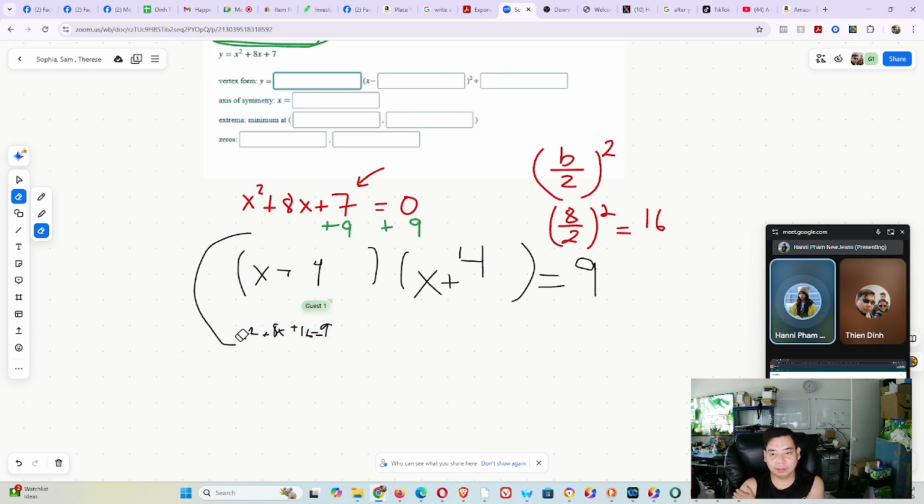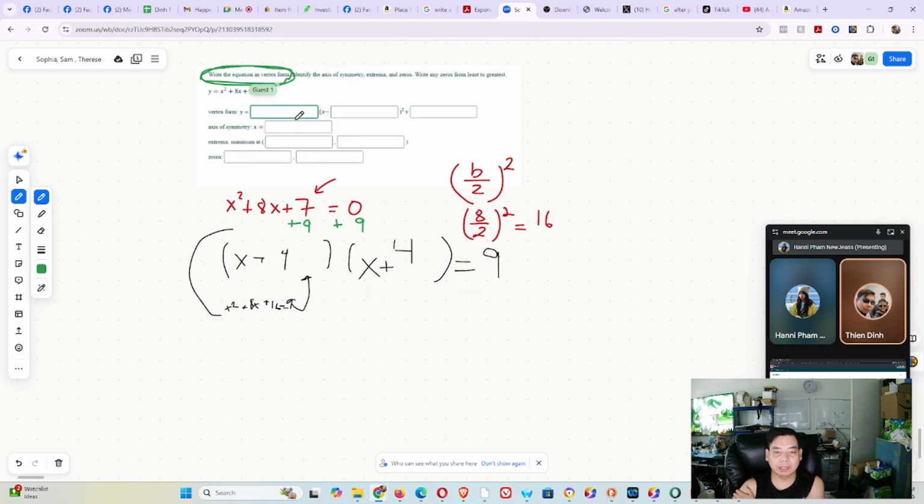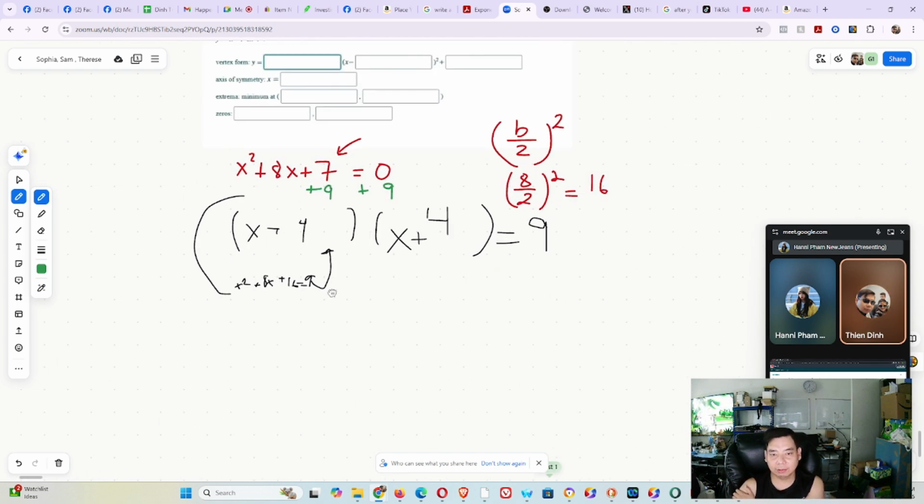Okay, so now you're not solving, so don't solve. I don't want you to solve right now. We're gonna write it in vertex form, so we leave the solving step for later. So x plus 4 times x plus 4, we can rewrite as x plus 4 squared, right?